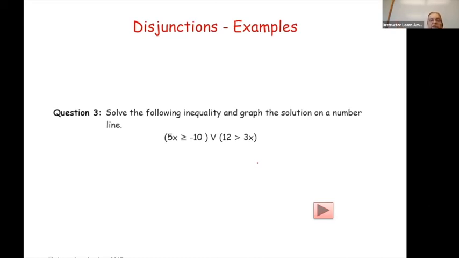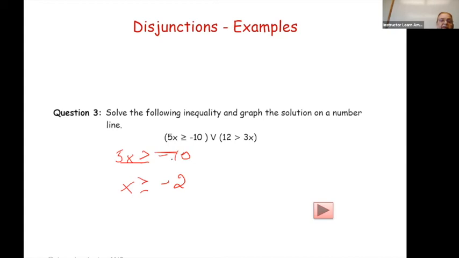All right, let's look at another disjunction. 5x greater than or equal to -10 or 12 greater than 3x. We can solve again separately. If 5x is greater than or equal to -10, divide both sides by 5, x is greater than or equal to -2.